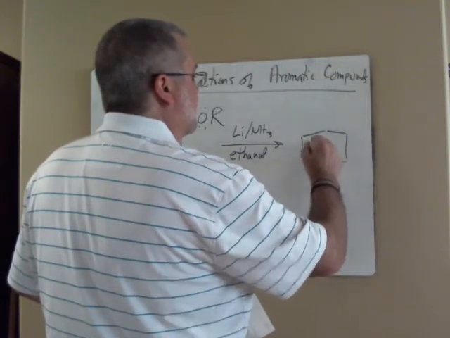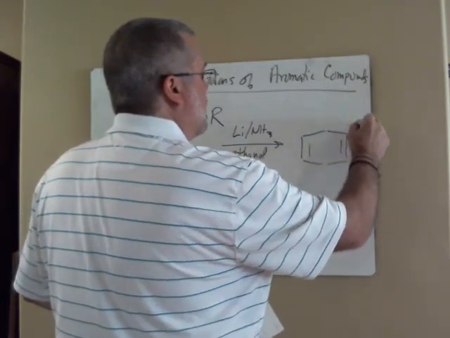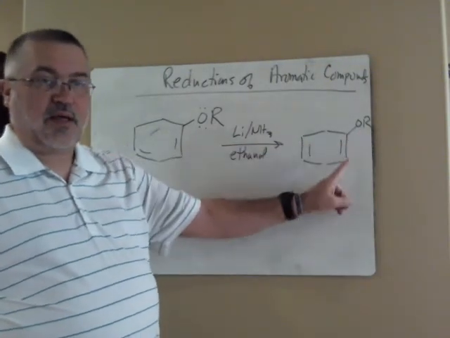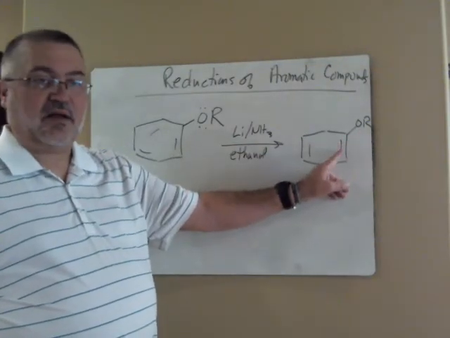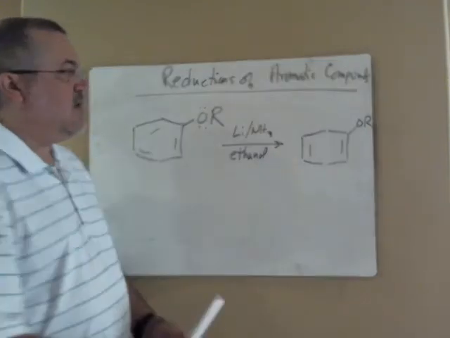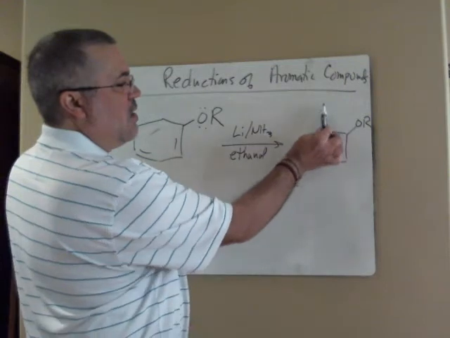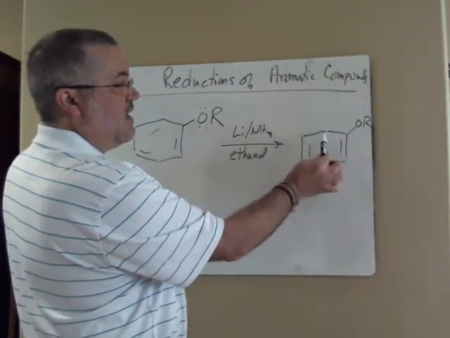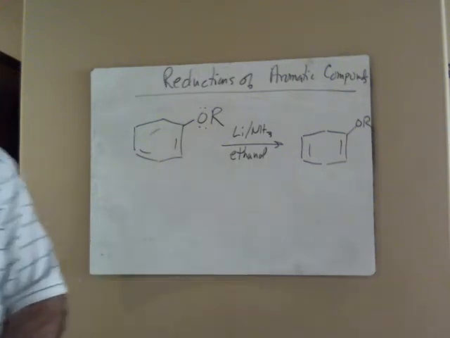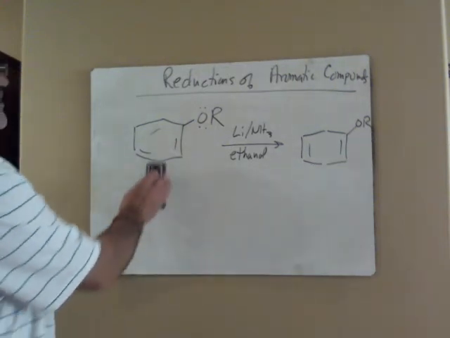And it's always going to be the product where your OR group is vinylic. It's actually attached to a carbon that has a double bond on it. You're not going to have a case where the OR group is off of an sp3 hybridized carbon. Okay? And you don't have to know the mechanistic explanation of that.